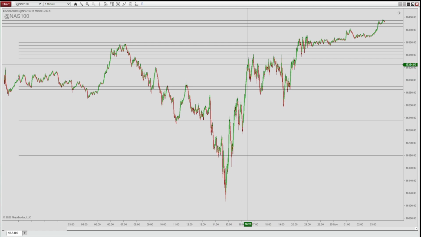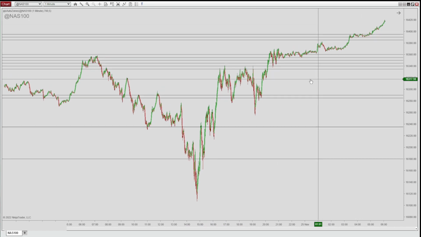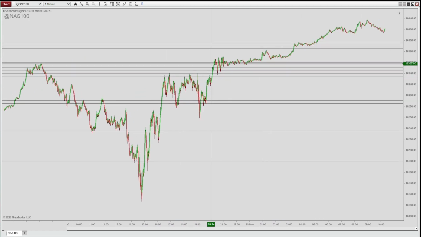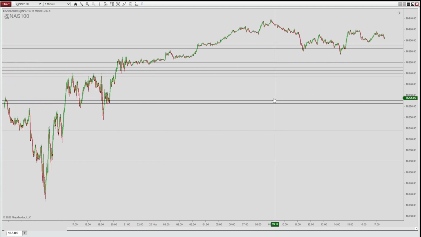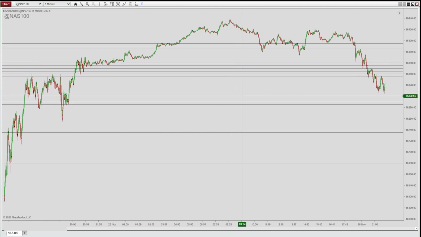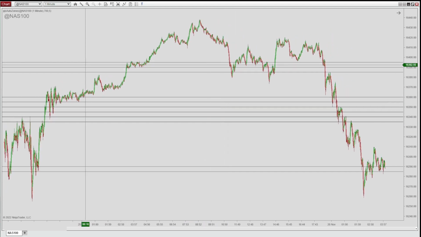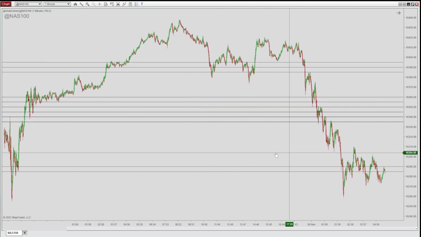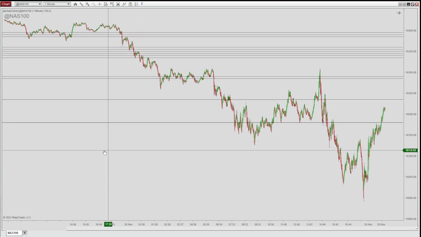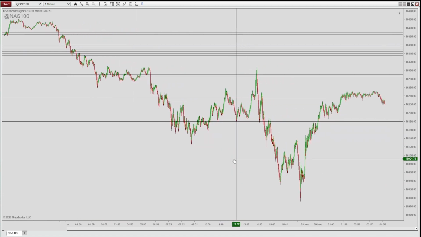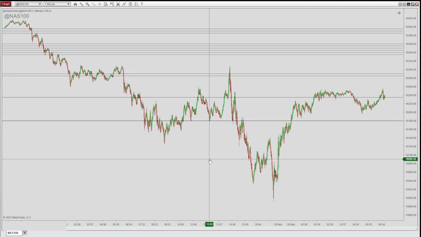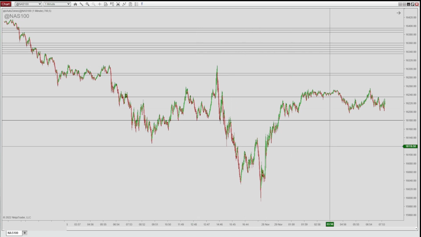Sometimes these lines and levels mess with your head, but to me it looks as if these are quite effective. And they should be. They're going to pretty much be HVNs. So again, I'll just scroll through and you can have a look. So again, all of these lines are not created on the current day, they're created from data from past days.